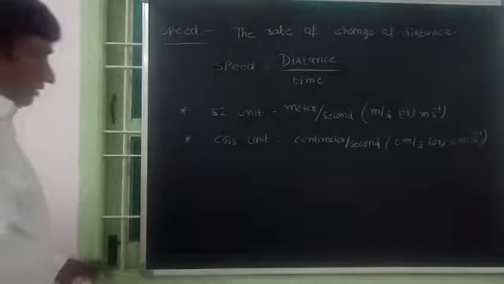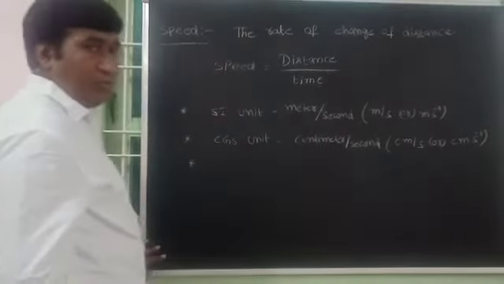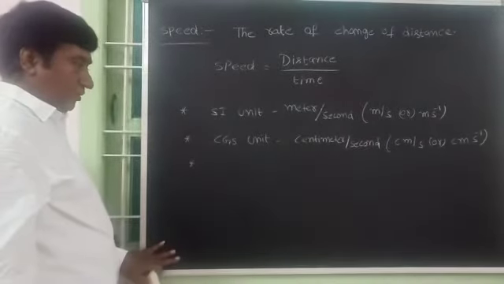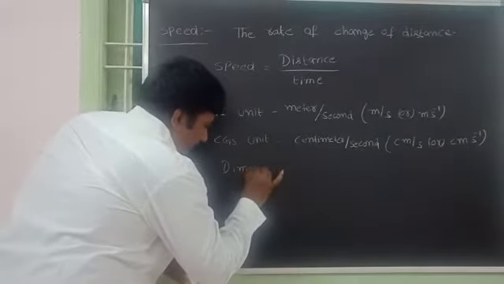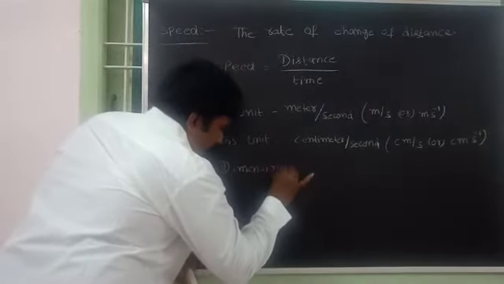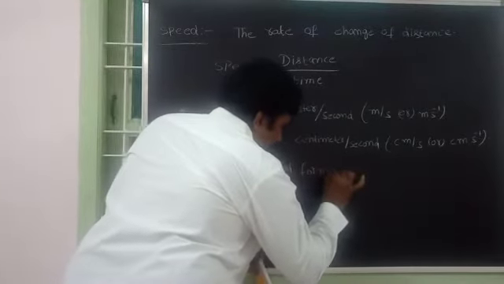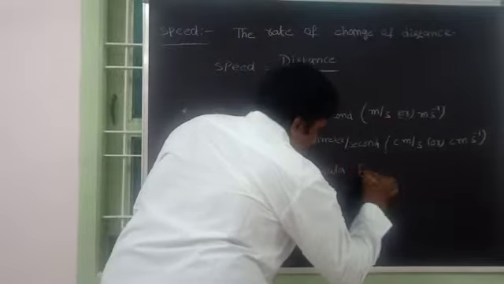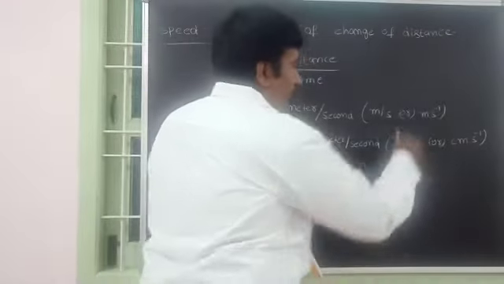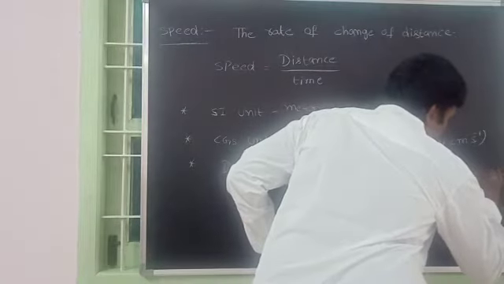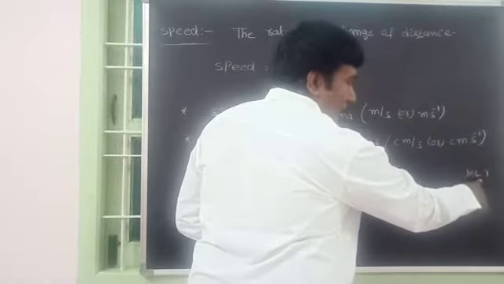Now, in terms of the dimension formula, which we studied in the first chapter, units and dimensions. The dimension formula is represented in terms of M, L, T, where M represents mass, L represents length and T represents time.